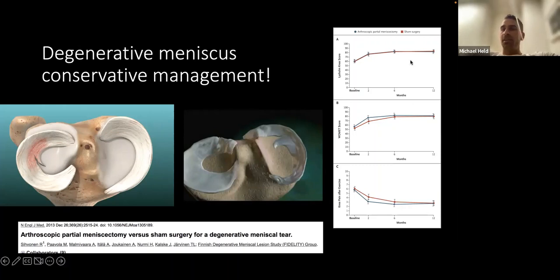And on the right here, you see the various knee scores of both groups, and you can see that they're almost the same at baseline, at 2 months, at 6 months, at 12 months. Maybe in the pain there's a little bit of a change initially, but at 12 months it's pretty much the same. So this was a well-powered study.